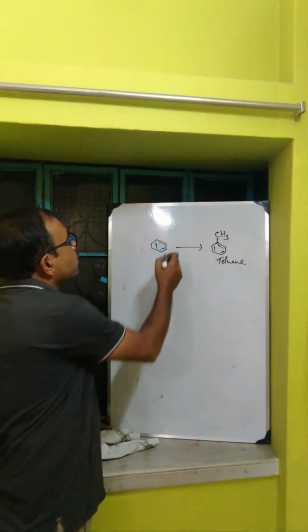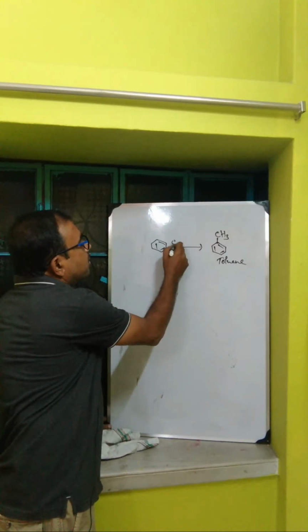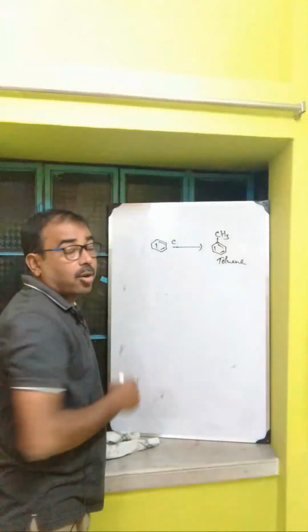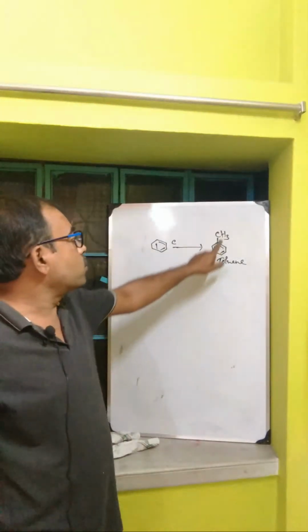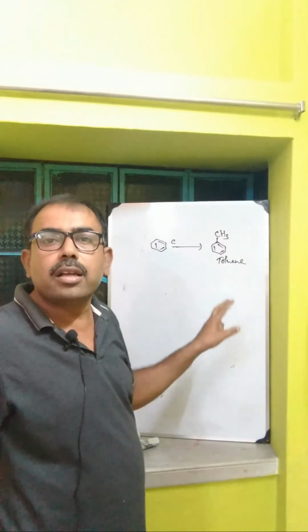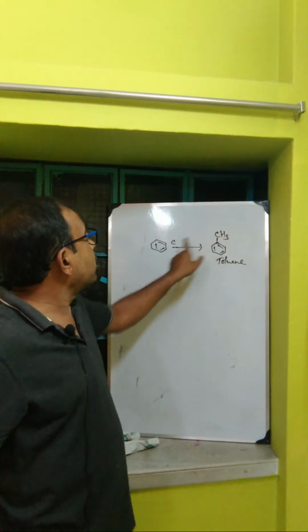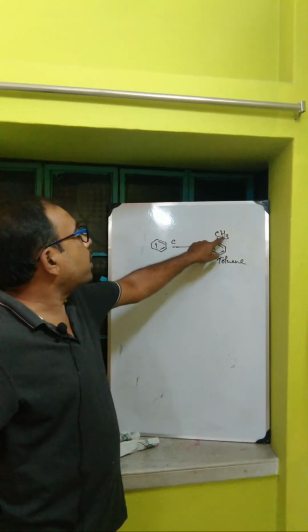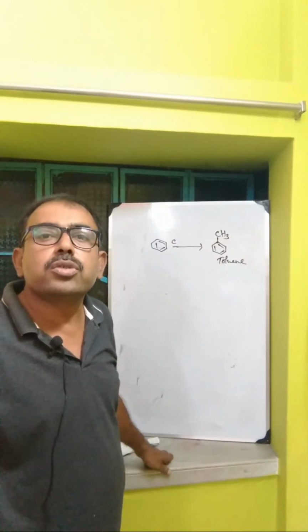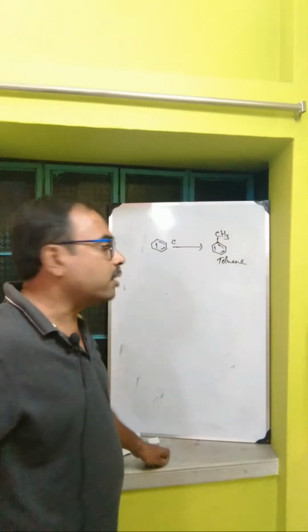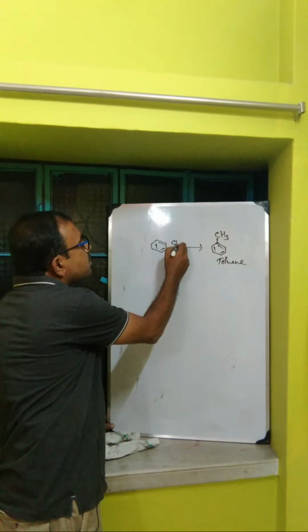So if you want to form toluene from benzene, then you may use the Friedel-Crafts alkylation reaction, where you need to give the halide of this alkyl group. Here you can use methyl, you can use ethyl, whatever you want. If I am converting benzene into toluene, a methyl group has to be introduced into the benzene ring. So here I will give CH3Cl.